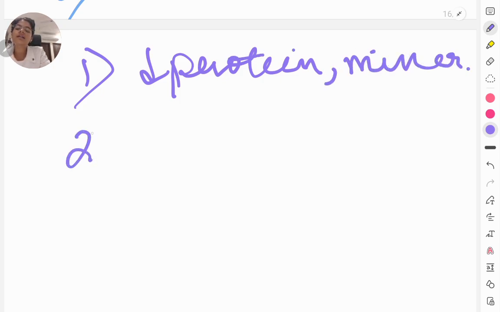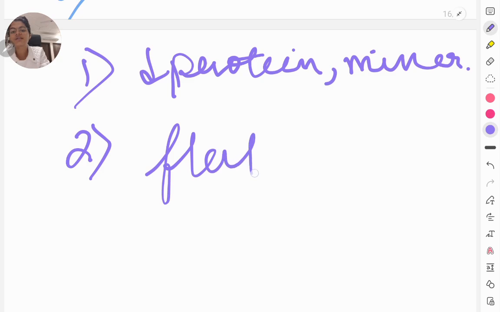Another thing is that in the intestine there are bacteria, so it gets fermented with the bacteria and it causes flatulence.